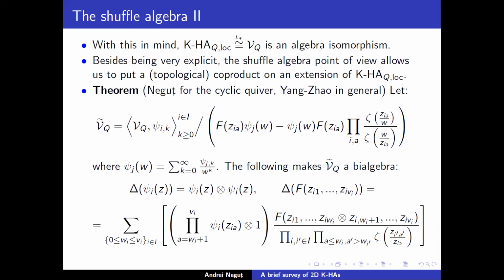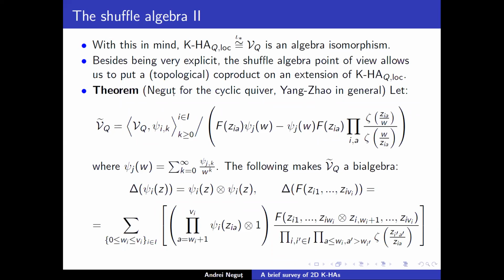My definition of this coproduct on shuffle algebras was motivated by completely different considerations, which is very nice because it shows how these things actually pop up in a variety of contexts. So I was much more interested in the study of shuffle algebras in a more quantum groupy kind of way, like Feigin and Odesskii and all of the others did. But it was later observed by Yang and Zhao that the definition I had for the coproduct is useful in the context of K-theoretic and cohomological Hall algebras as well.